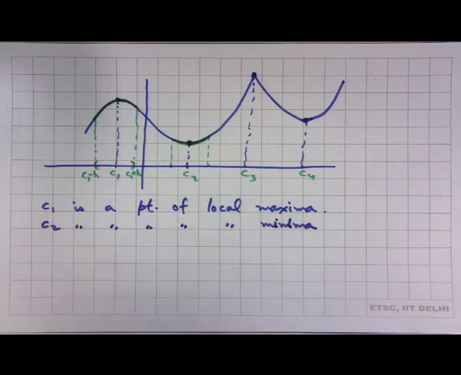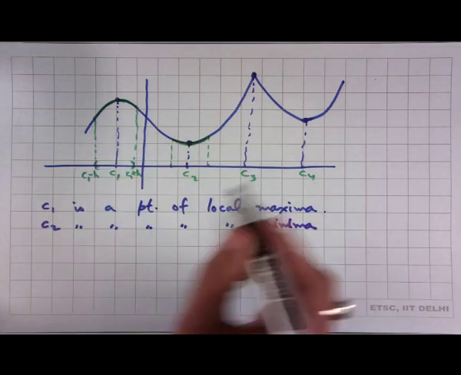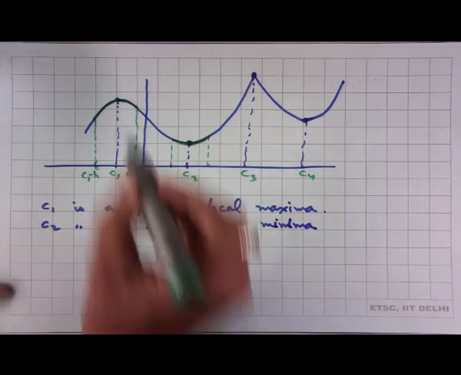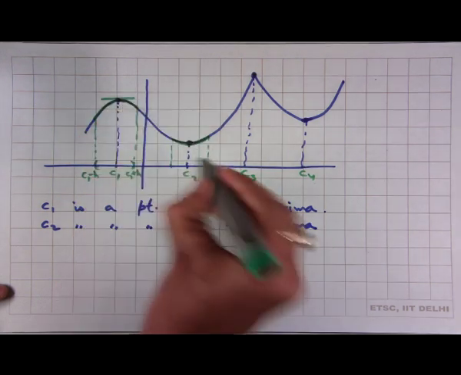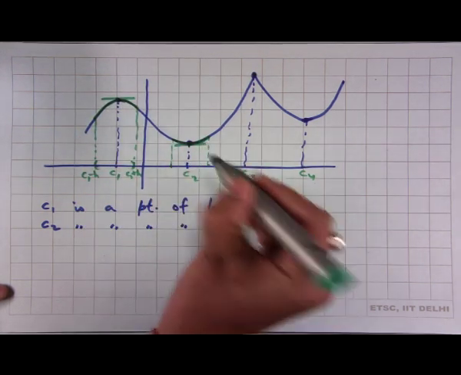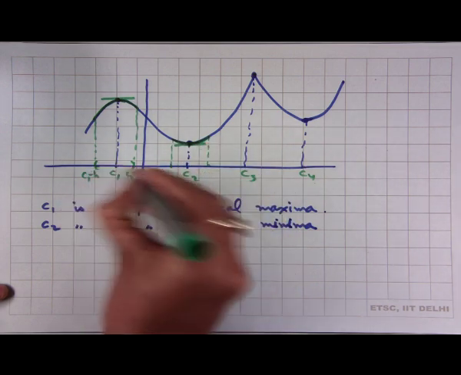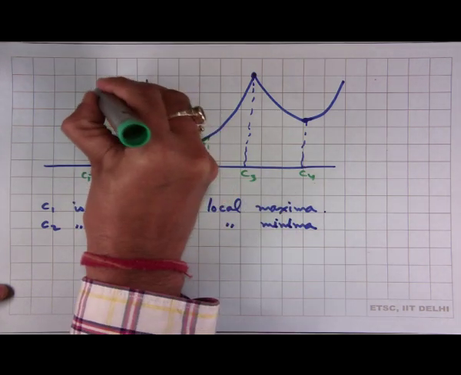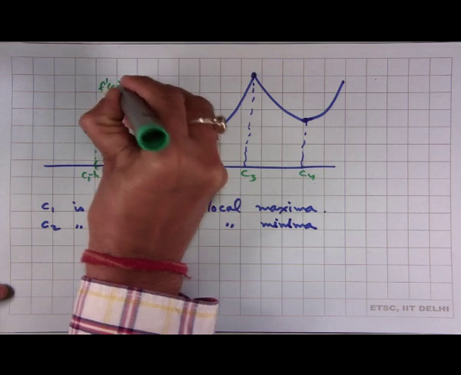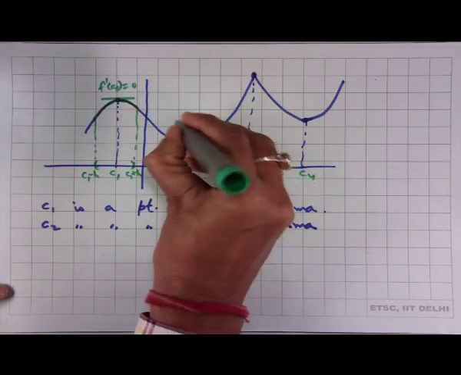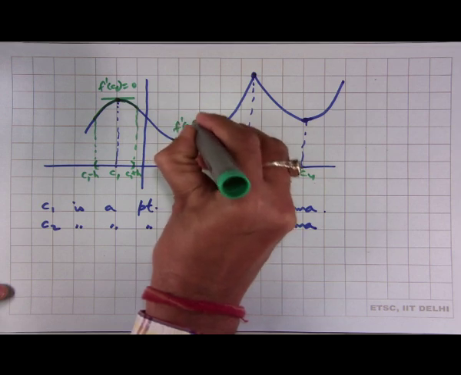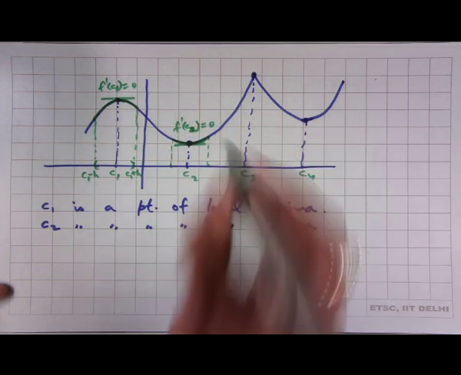At these points, the derivatives exist at C1 and C2, and here we have f prime of C1 is 0, and f prime at C2 is also 0.